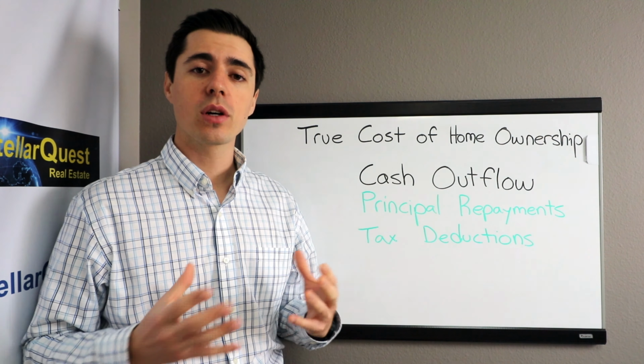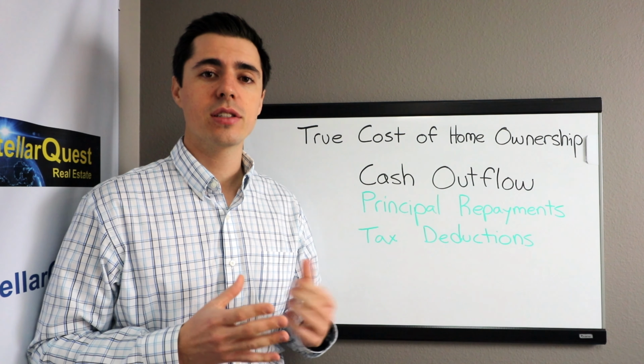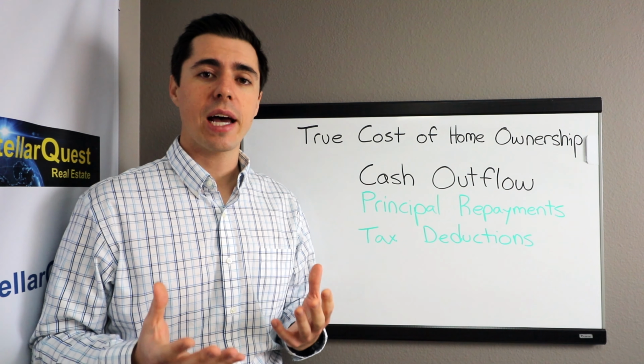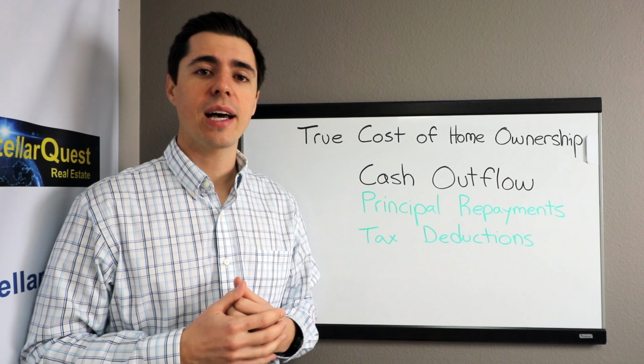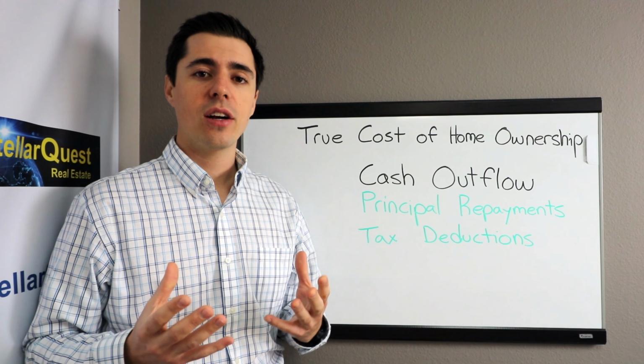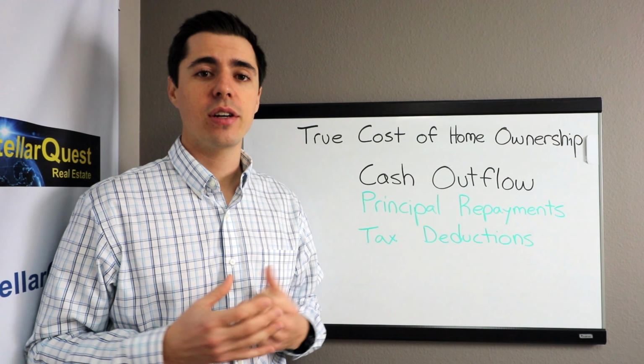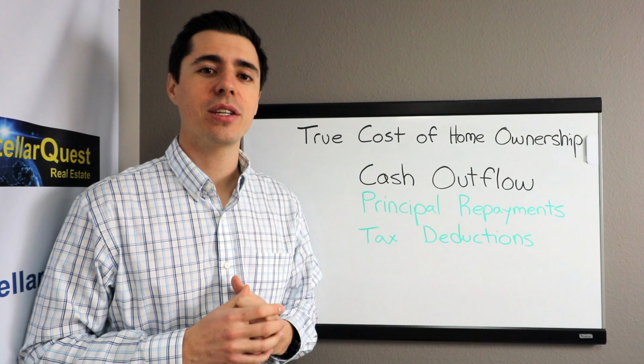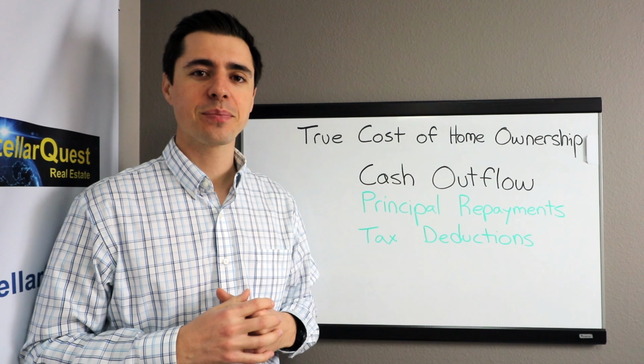So in this video, we're going to go through a hypothetical example where a buyer purchases a home for $1 million with a 20% down payment, which would be $200,000, and they're getting a fixed rate 30-year mortgage at a 3.25% interest rate.